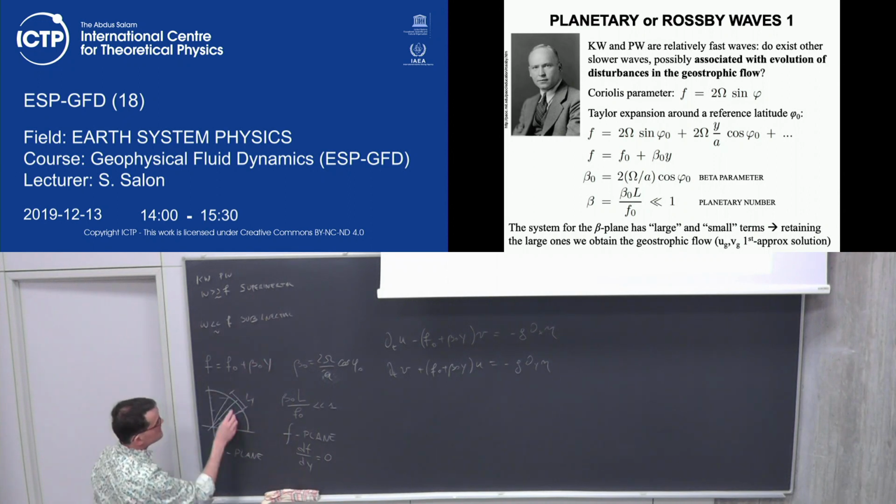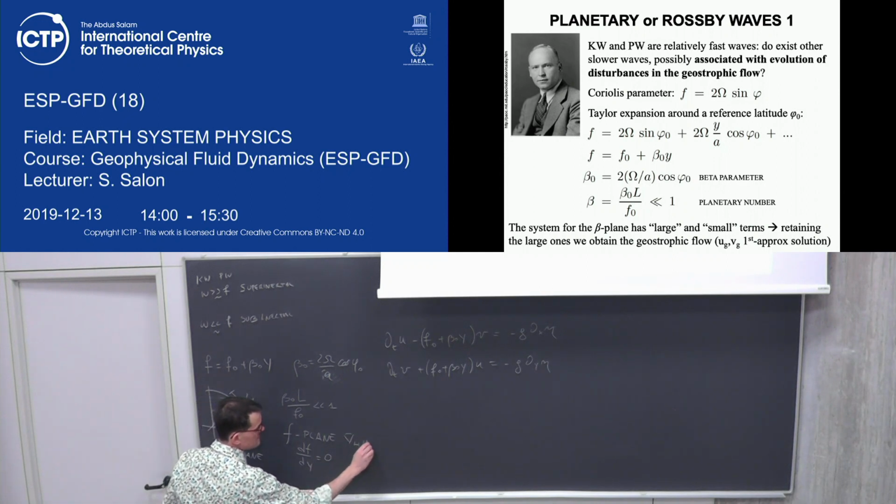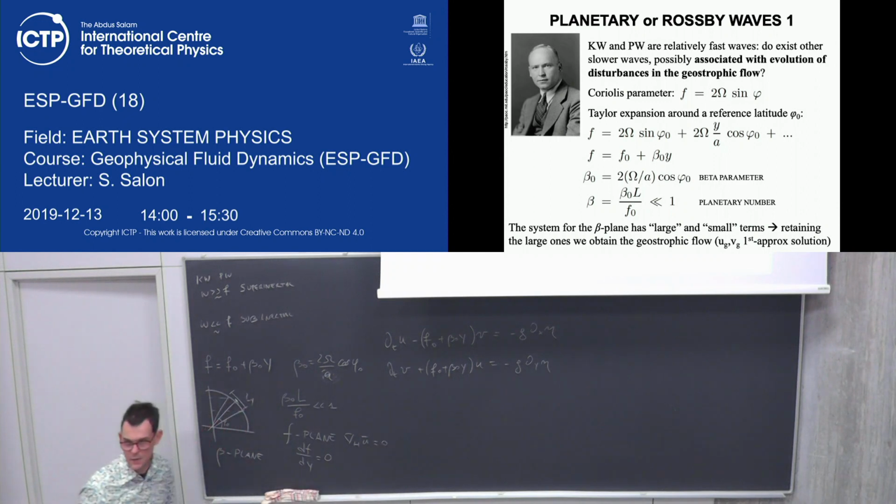And with this, we can restrict to a very short distance, so L, the zonal distance, is much smaller. And what we obtain is that the horizontal divergence is equal to 0, which was one of the characteristics of the geostrophic flow, right?